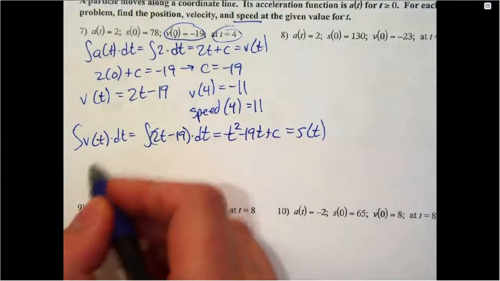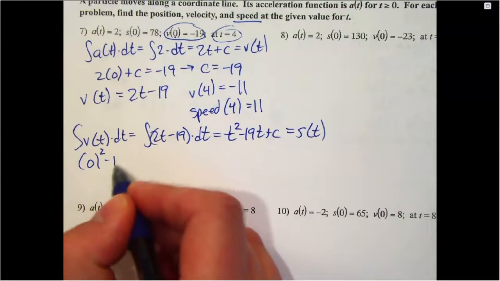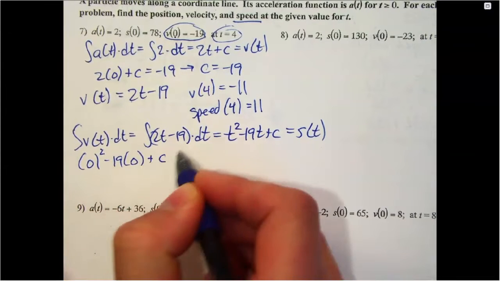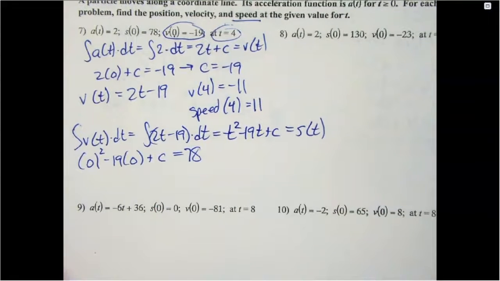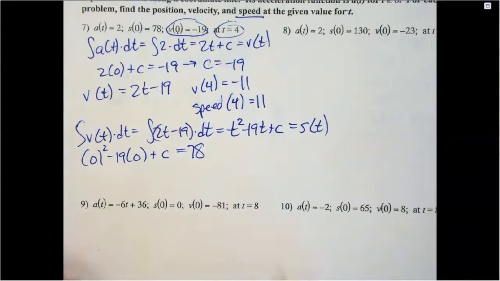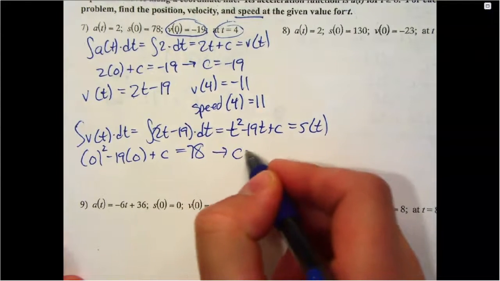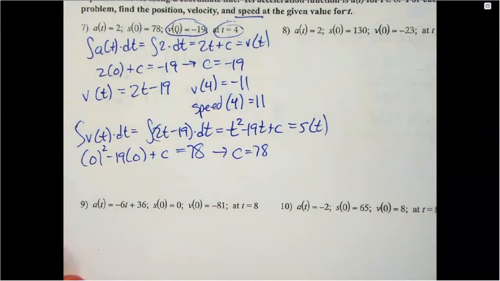And then I know when t is 0, position is 78. Therefore, c equals 78. If I go too fast, am I okay? Or good?